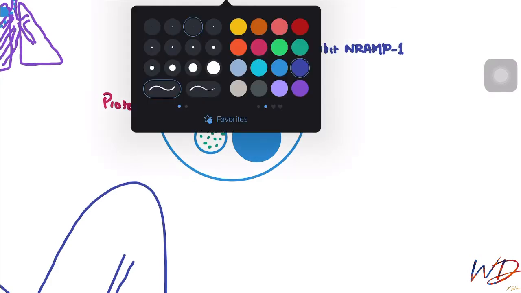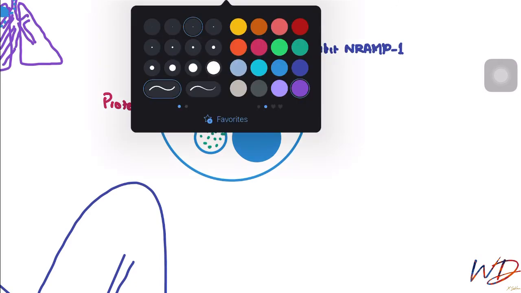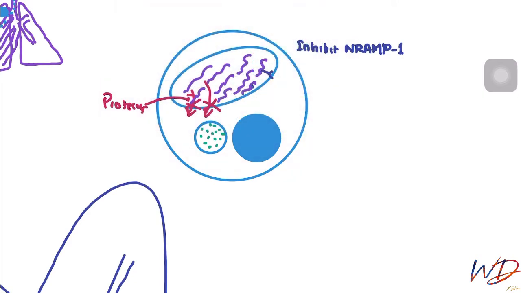What happens then? These TB are found in the macrophages and they will multiply. They will divide. So here's the NRAMP1, and then they will destroy the vacuole that they are in. They will destroy the cell that they are in and spread.